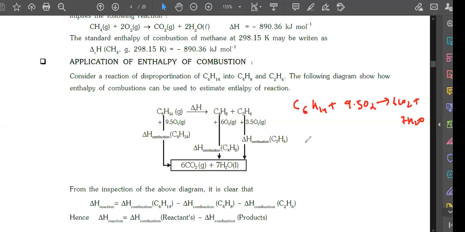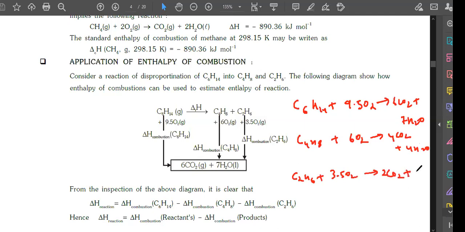Now the second reaction would be C4H8 plus 6 O2 gives 4 CO2 plus 4 H2O. Then we have C2H6 plus 3.5 O2 gives 2 CO2 plus 3 H2O. Got it?